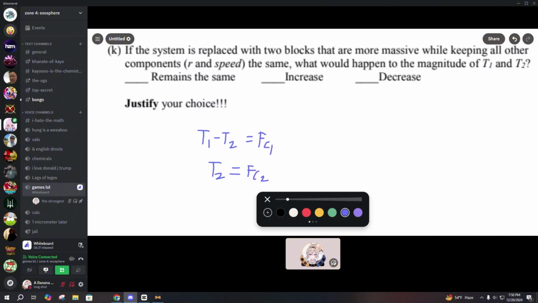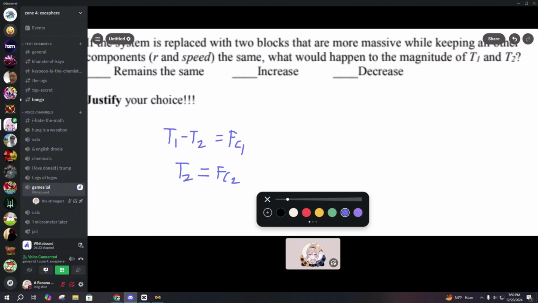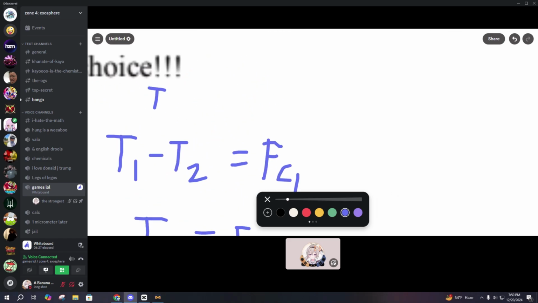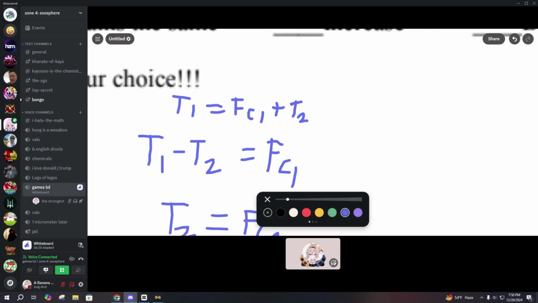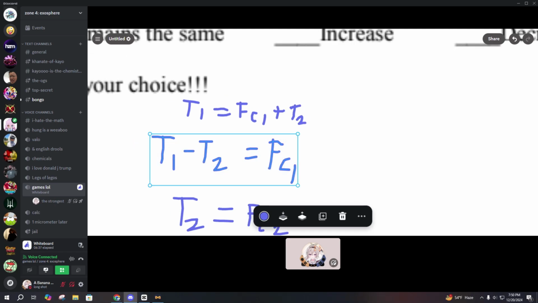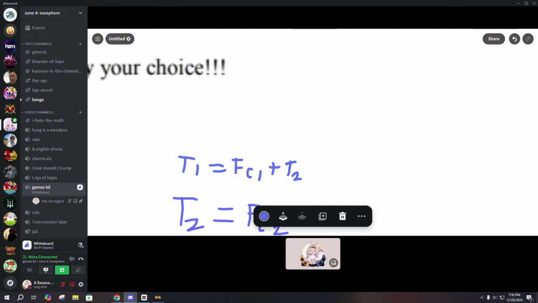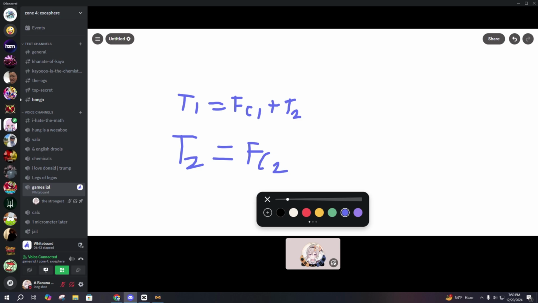Now, when the mass increases, what happens to T1 and T2's magnitude? Well, first off, let's look at what T1 is. I know that if I isolate for T1, T1 is going to be equal to FC1 plus T2. I established this earlier. So, I have these two equations. T1 is equal to FC1 plus T2, and T2 is equal to FC2.